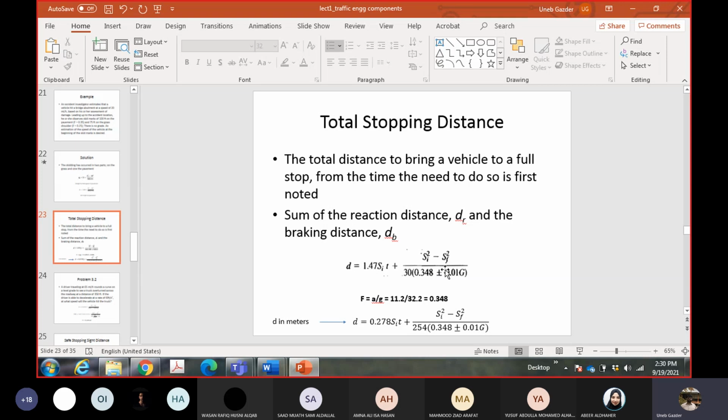So we need to add the distance covered during the perception reaction time to the braking distance to get the total stopping distance. Braking distance is just for when your foot is already on the brake and the car is stopping. But before you put your foot on the brake, you must have thought about it and taken the decision, so you have to add that to the braking distance to get the total stopping distance.